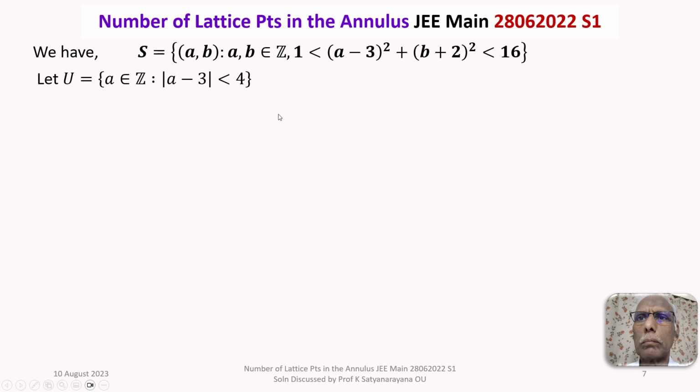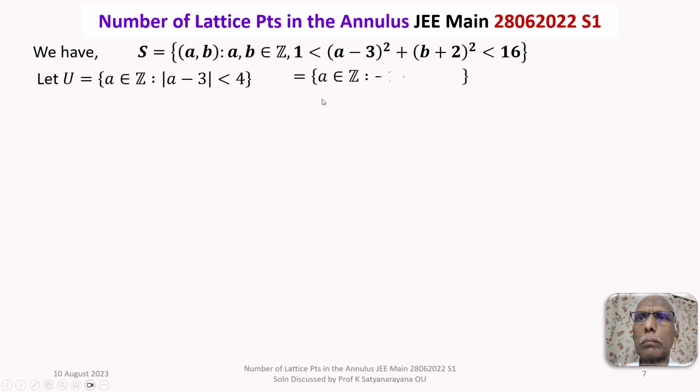That means on the real axis, the x axis, it is all those integers which lie around 3, satisfying |a - 3| < 4.